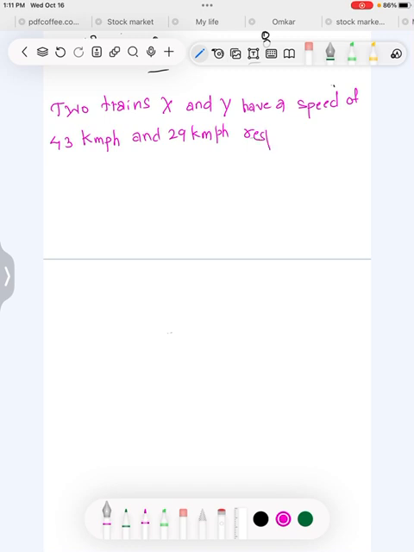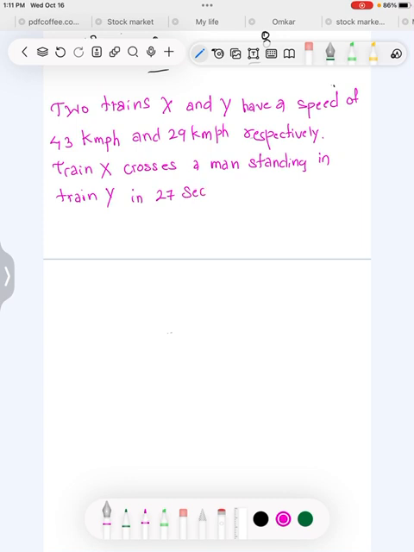Okay, train X crosses a man standing in train Y in 27 seconds, while moving in the opposite direction.